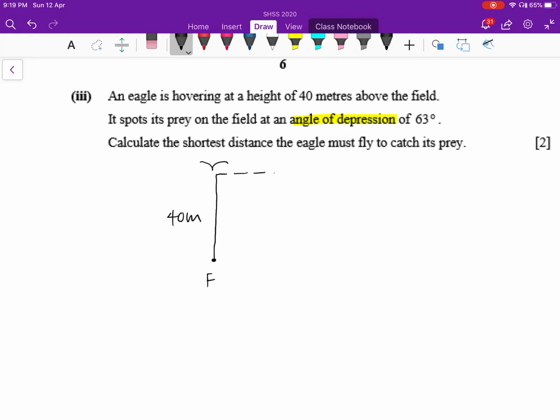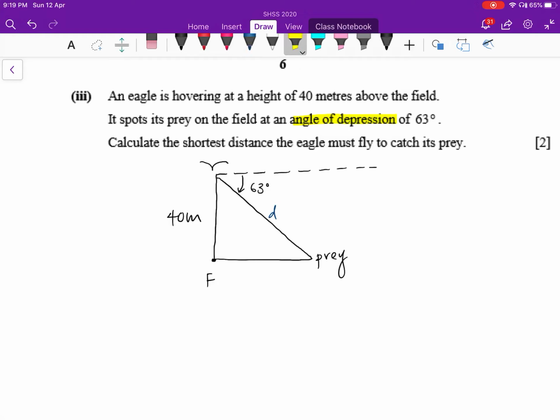This is the line of sight of the eagle. The prey is here, at an angle of depression of 63. So this is 63 degrees. What's the shortest distance the eagle must fly to catch its prey? Which means this is the distance that you need to find.